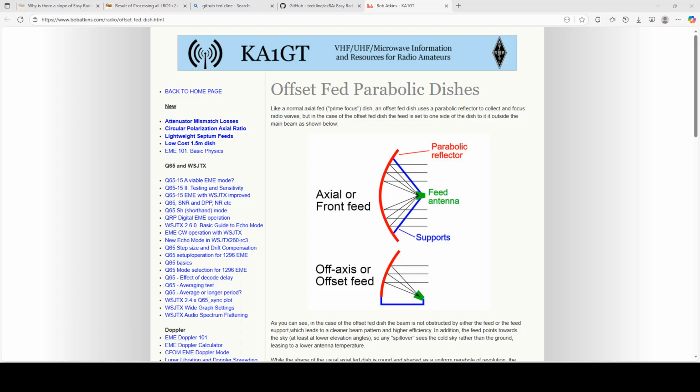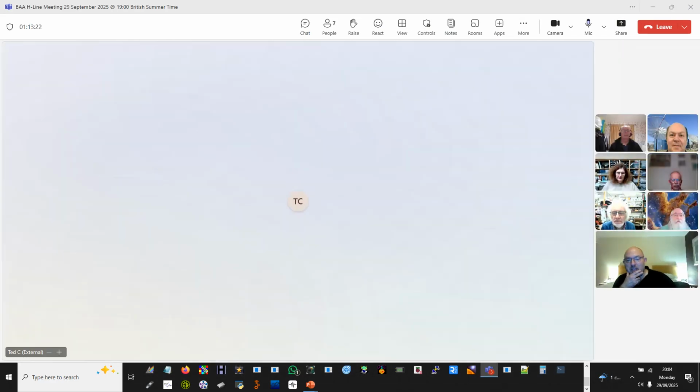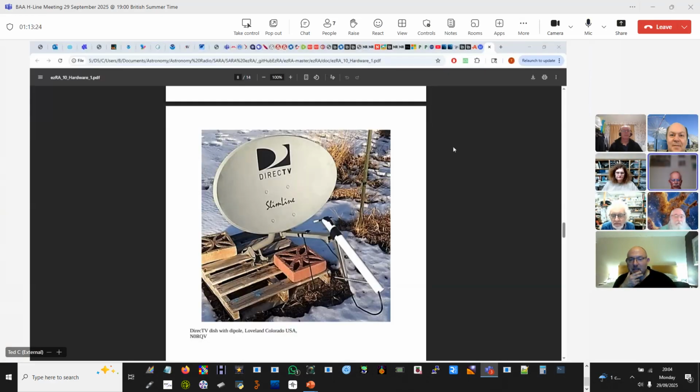The other really cool thing is that the feed isn't in the middle of the image. Just to reiterate, that's what he was explaining to me: you get diffraction effects, especially along the struts holding the feed up.